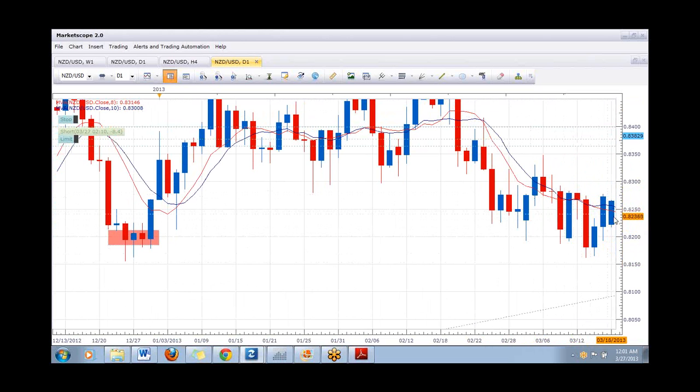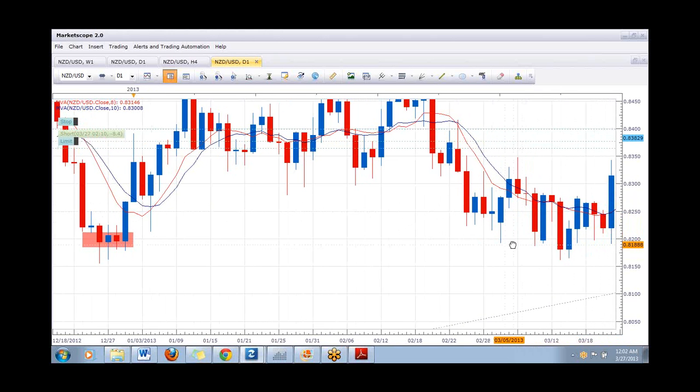Now the price tried to cross over 1, 2, 3, 4, 5, 6, 7 times and failed. That is a much clearer indication that the probability of it heading back up into a new uptrend, a change of trend, is highly probable.